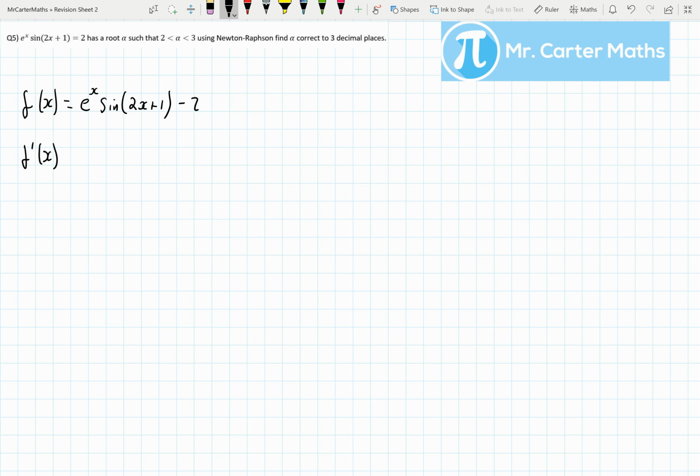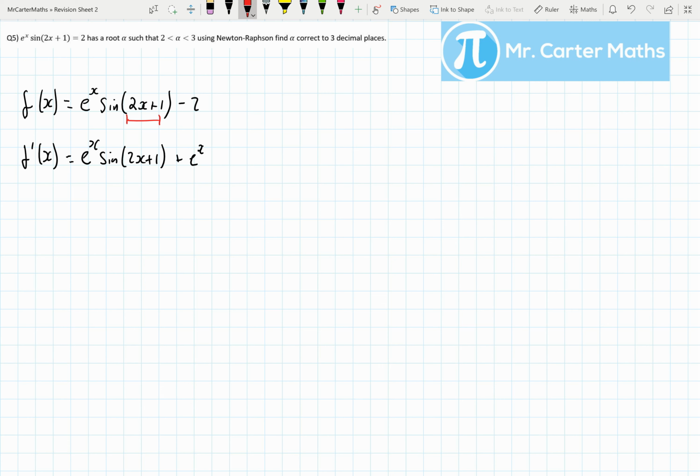So e to the x differentiated is e to the x. Leave sine 2x plus 1 how it is. Now do that the other way around. Leave e to the x how it is. Differentiate sine, which becomes cos. There is a function inside this bracket, so I need to remember a bit of chain rule.